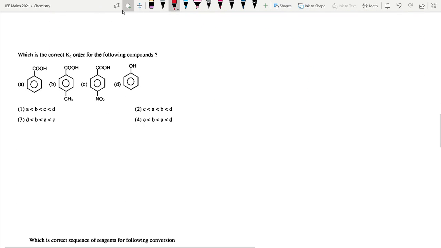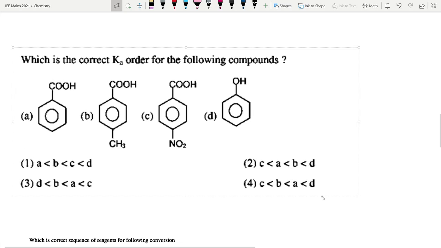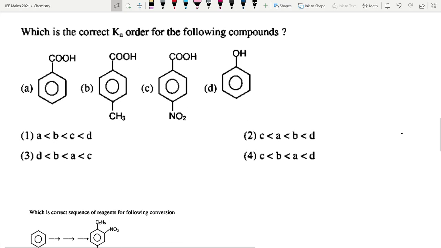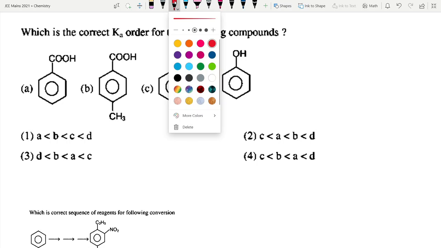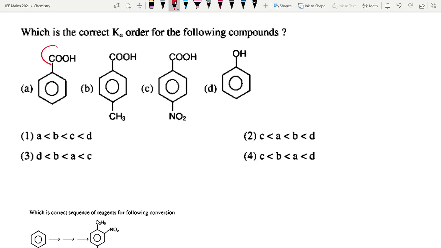Now let's see the other one, which is the correct order of Ka. This is based on acidity. Acidity, very easy. You have carboxylic acid, benzoic acids, and then there is a phenol. Of course phenol is much less acidic than benzoic acid, because in phenol the negative charge will appear at only one oxygen, and it will be shared by 3 carbons.